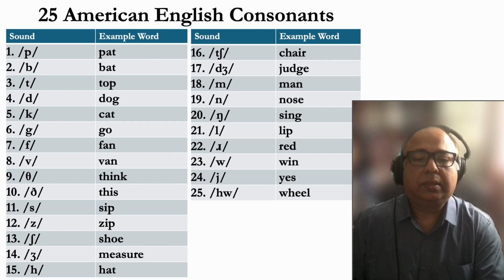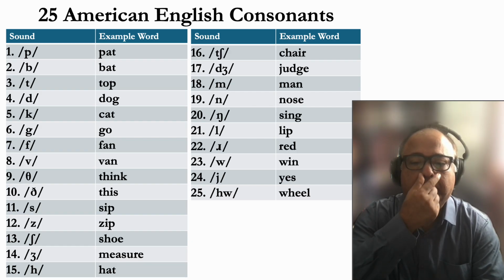17, j, as in judge. 18, m, as in man. 19, n as in nose. And 20, ng as in sing. Now 18, 19, and 20 are called nasal consonants.